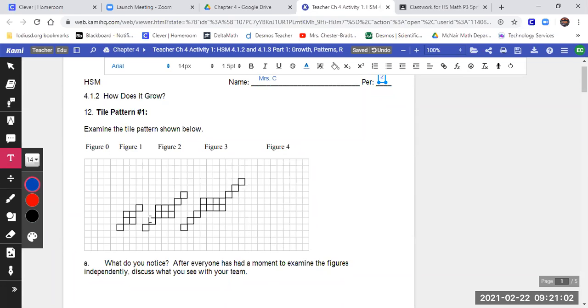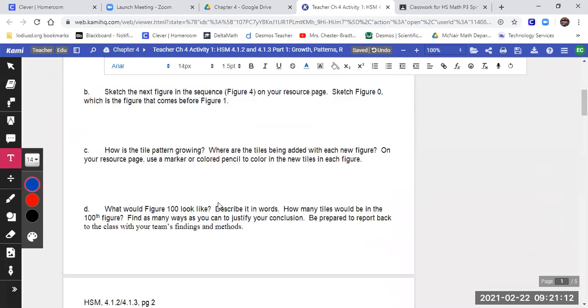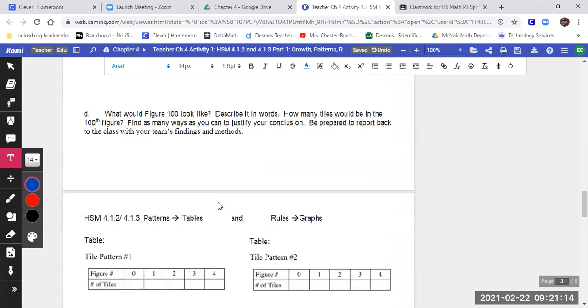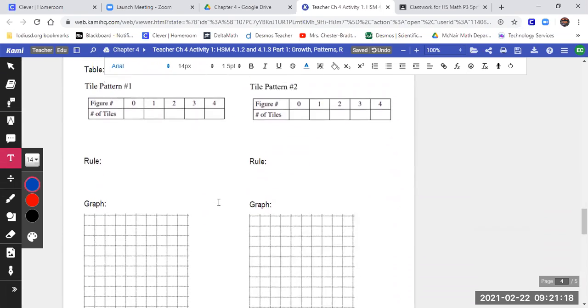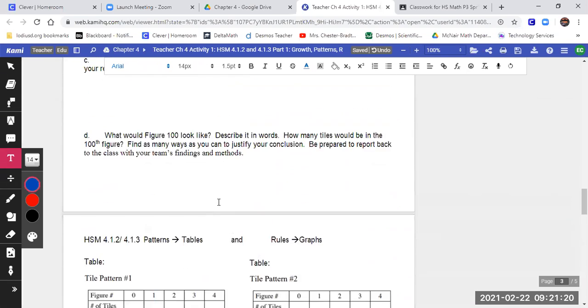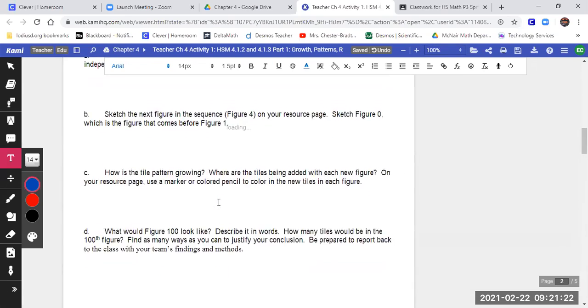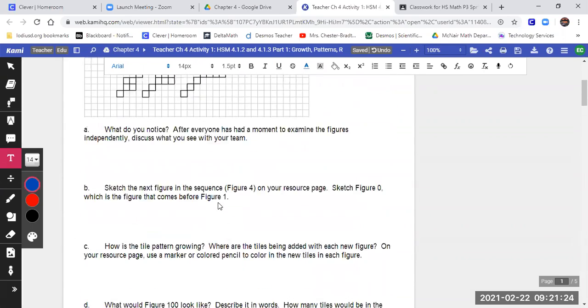Okay, so we've already done these tile pattern things before, right? We've seen some stuff kind of like this before. We are going to be using a table way down here to help us, because we're going to be developing our rule and our graph, and then we're going to be answering the questions.